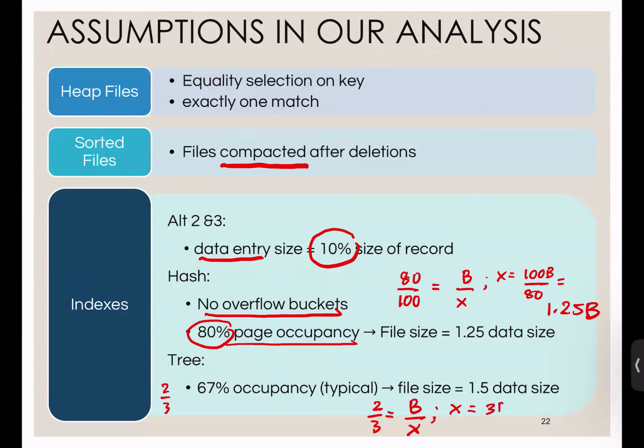That's 3B over 2, that's 1.5 B pages. So if we have 100 data records total, and we allow only 2/3 full in a page, eventually you need 15 pages to fit all the 100 data records.